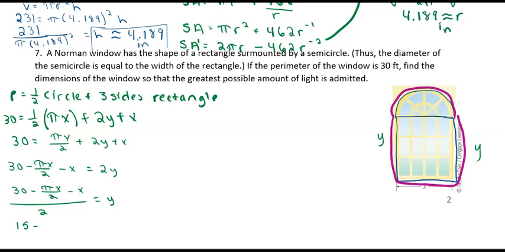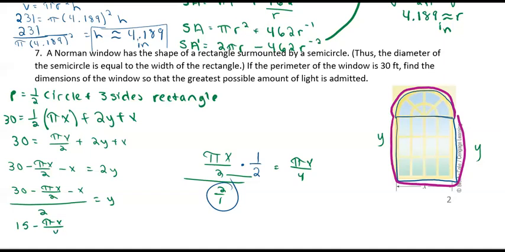Pi x over 2 really becomes pi x over 4 because you flip and multiply. It would look like pi x over 2, all over 2 over 1. So we take this bottom and flip and multiply, so that would be times 1/2. Pi x over 2 times 1/2 gives us pi x over 4, so minus pi x over 4.